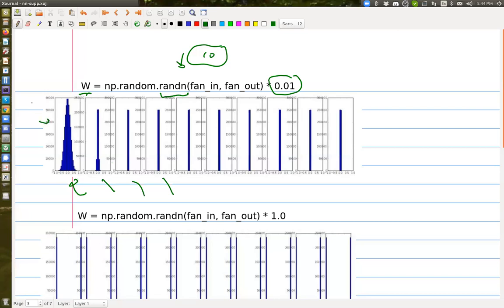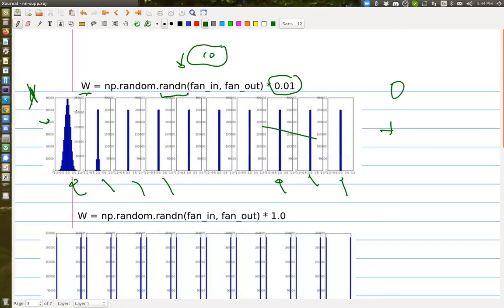If I give an input X here, after several layers the values, as this histogram shows, just diminish to zero. So basically I get no output going out. I just get zero here.